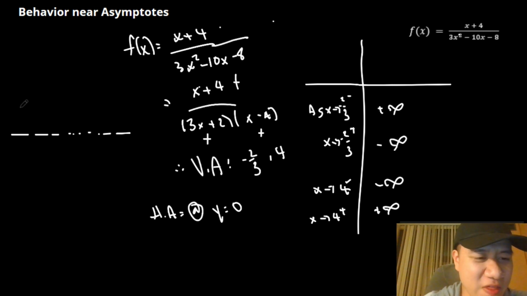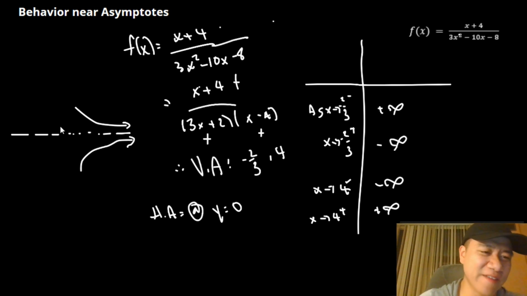We know that when x is approaching positive infinity, it's either going to come from above like this and approach it from above, or it's going to approach the horizontal asymptote from below. So all we have to do is substitute an extremely big positive number.